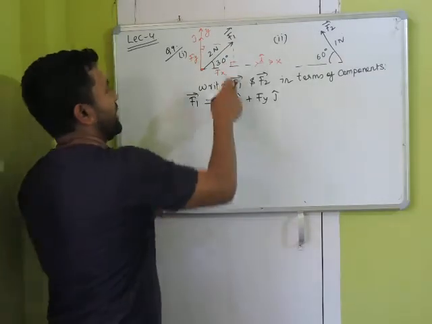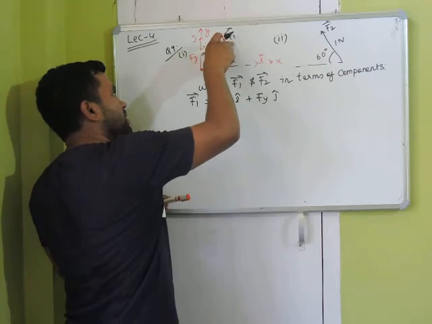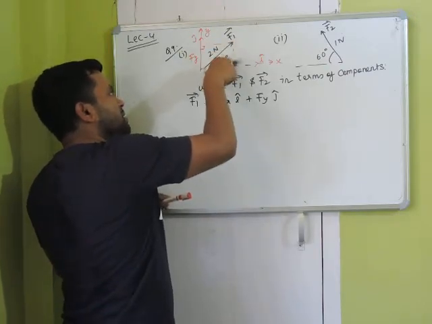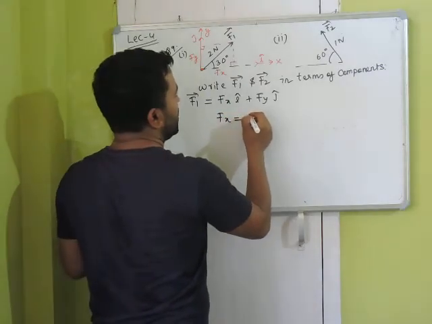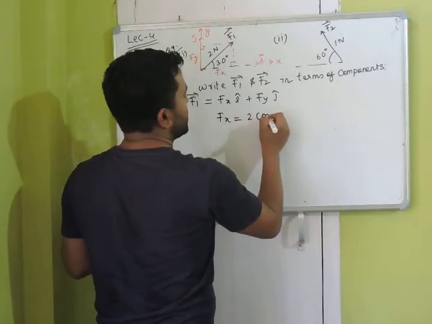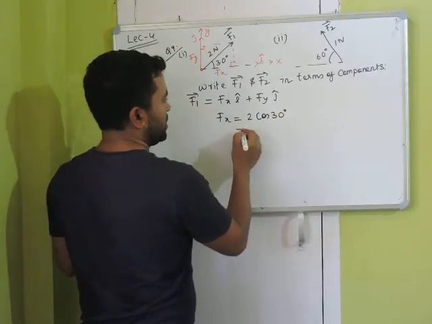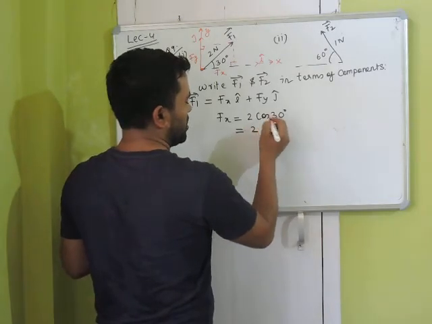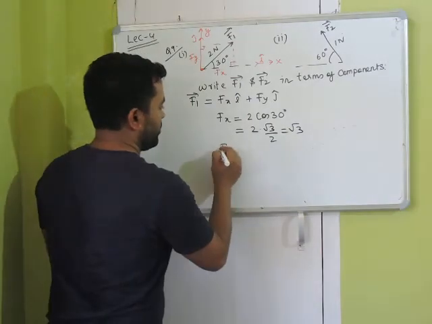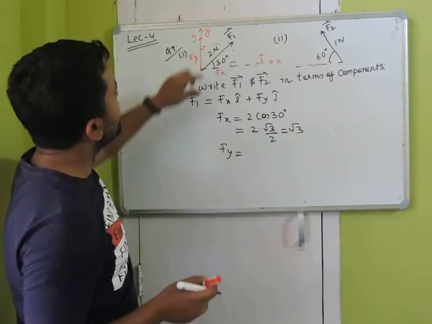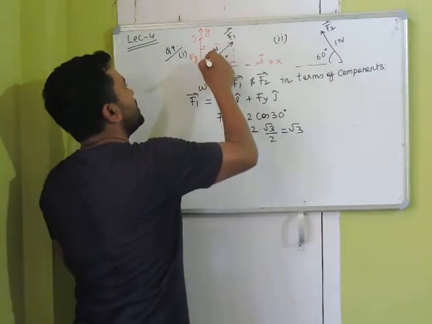Now what is Fx? This is 2 Newton, so the magnitude of this vector is 2. Along x, the angle is 30 degrees. So Fx should be equal to 2 cos 30 degrees, that is 2 Newton cos 30 degrees, and cos 30 is root 3 by 2. So this is root 3. What is Fy? How much is this 2 Newton making with y? It is making 60 degrees.